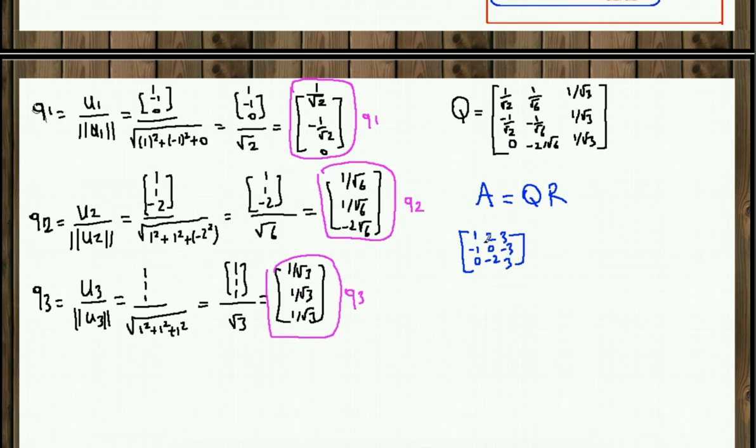This is our matrix A. Our Q is the orthonormal vectors. So this is, let me copy from here real quick. If you want, you can rationalize all denominators or leave it in this form, depending on your aim.